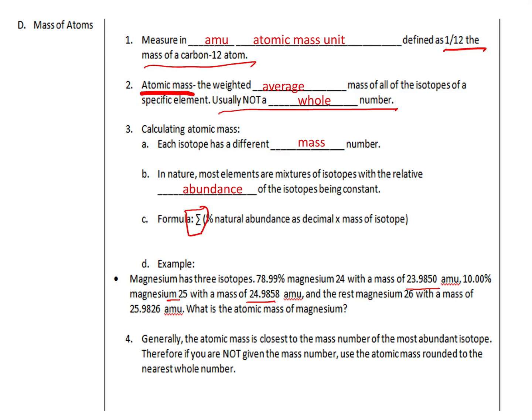So that means 11.01% is magnesium 26. So if we follow this formula, the formula says we take the natural abundance, that's those percentages, but we have to make them a decimal. And so to figure out the average atomic mass of magnesium, I'm going to put magnesium here.